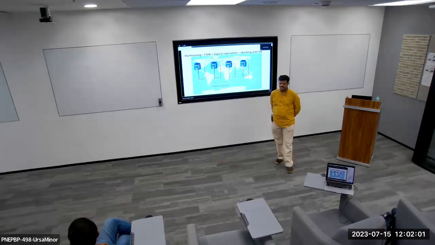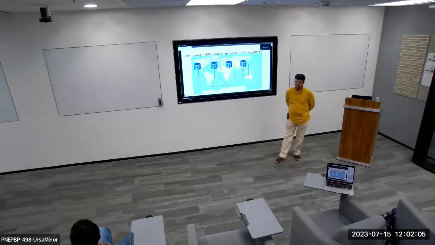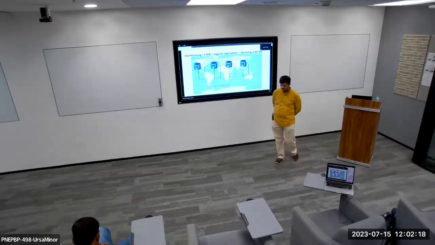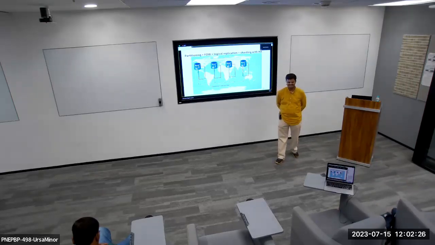So in this case, does the application need to know which DB to hit? Or does the application just hit a query, it will hit some database, and the database identifies, okay, this data is not with me, I have to go somewhere else and bring it from there?